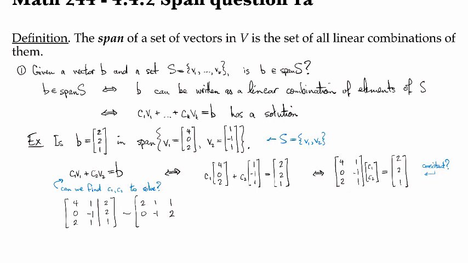So if I subtract that 2, 1, 1 from 4, 1, 2, it's going to look like 0, minus 1, 0. And you can already probably see that this is inconsistent, but just to make it completely clear, I'll do one more set of row operations.